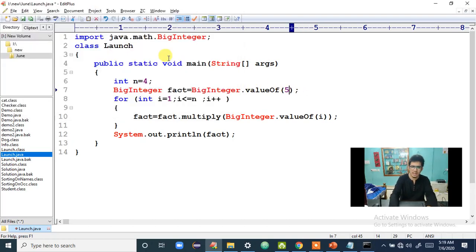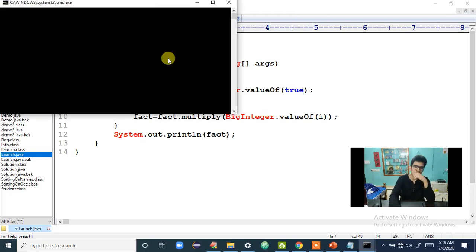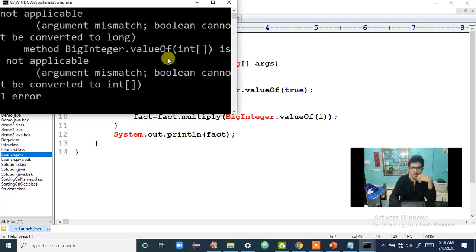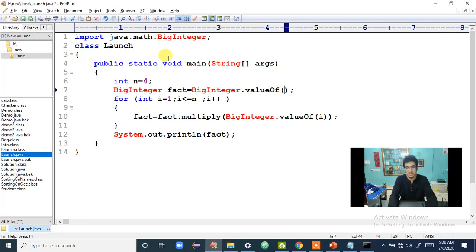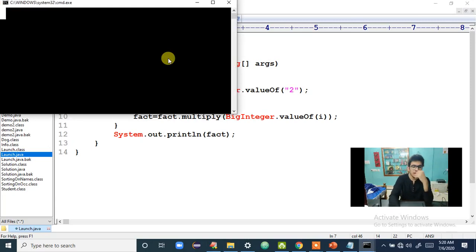What can it do then? Can I write true here? Can it convert boolean to BigInteger? Let's see. No. Then can it convert string to BigInteger? I'll write a string 2. Can it convert string to BigInteger?